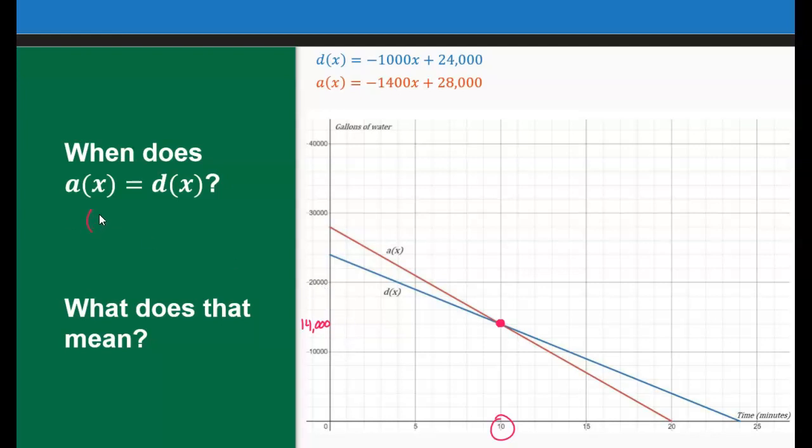So this is the point, oh, that is a terrible color for this. Let's use white. 10, 14,000 is the point where they intersect, or we could say it happens at 10 minutes. And what does that mean in terms of the physical world?